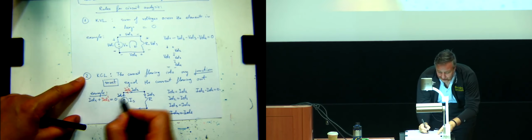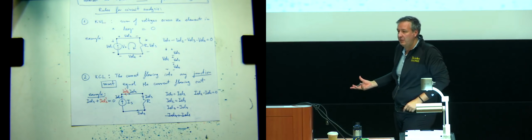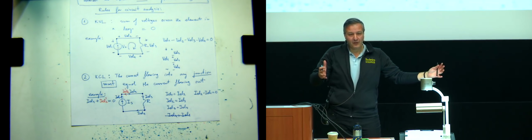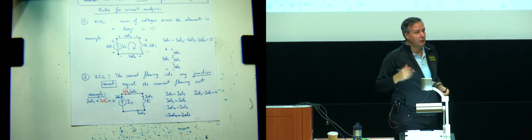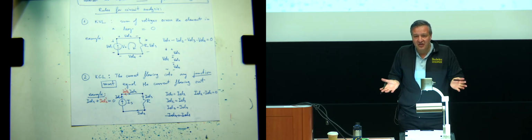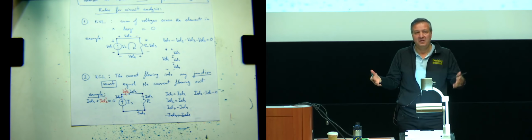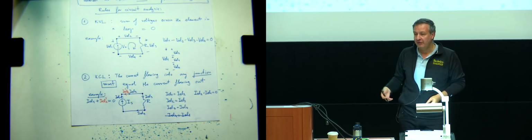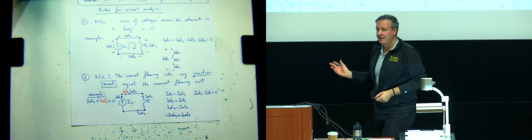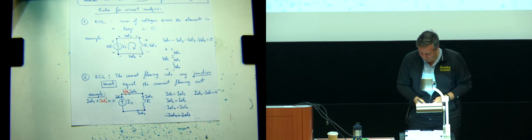Because both of these are flowing into the node, and nothing's coming out. So the sum of currents that flow into the node has to be equal to the sum of currents flowing out. Nothing changes in this circuit. I just assumed a different flow of current. That's fine. If I'm wrong, I'll just get a negative value when I solve it. No big deal.